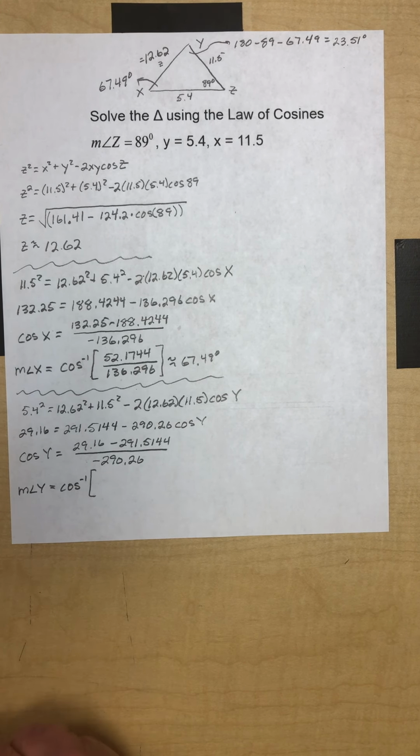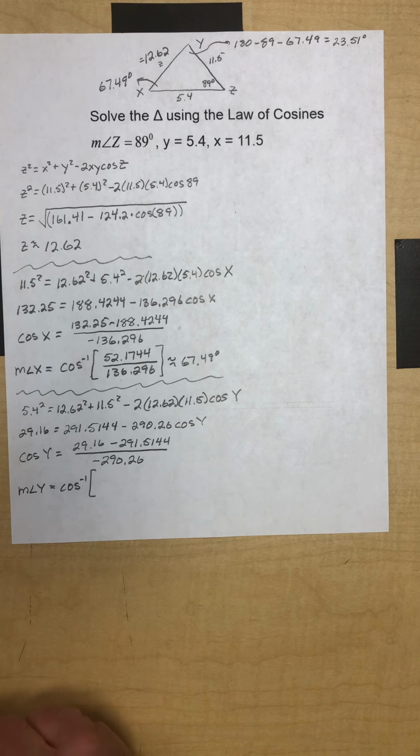Okay, so if I go 29.16 minus 291.5144, I get a negative, and I'm going to drop the negatives because it's going to cancel with this guy. So I get a positive 262.3544 all over 290.26, and then I punch that into my calculator.